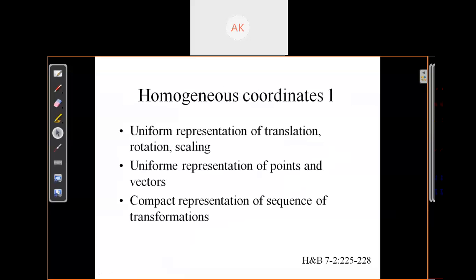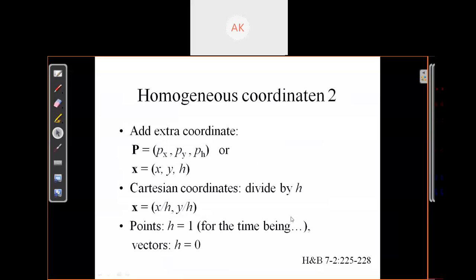The homogeneous coordinate system gives a uniform representation of translation, rotation, and scaling, means we are getting a uniform equation for all these general transformations. Firstly, we change the size of the matrix from a 2 cross 2 matrix into a 3 cross 3 matrix. Why we are changing the size of the matrix, we will see.